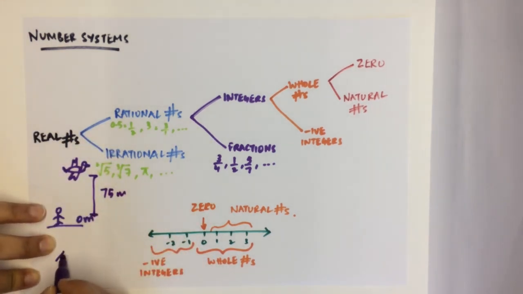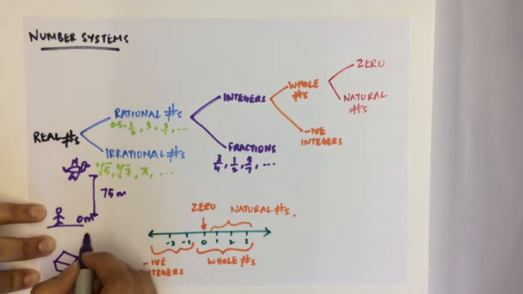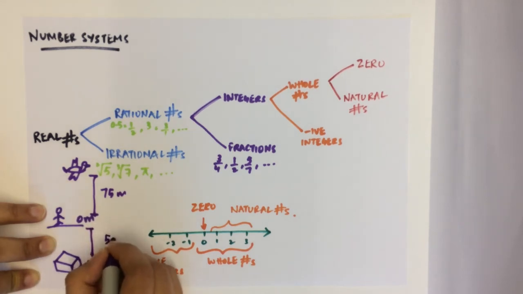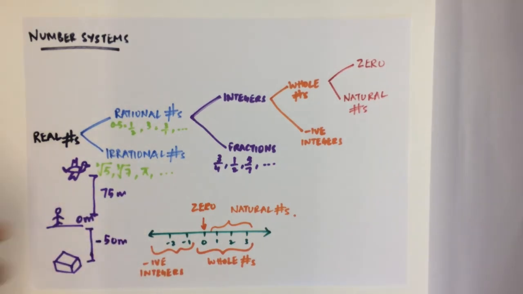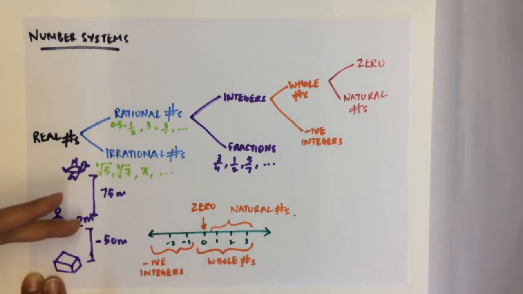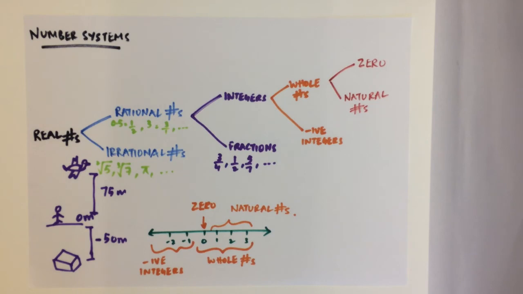However, if there's a treasure box under the level, say 50 meters below, so 50 meters below the starting point will be represented by a negative. Positives represent something that's above or ahead of the starting point, and negative represents something that's below or behind the starting point. I hope that was clear.